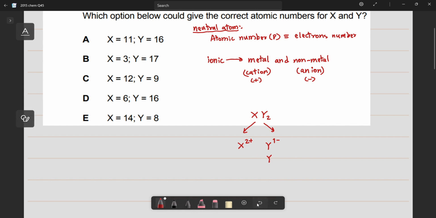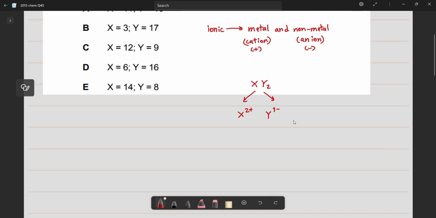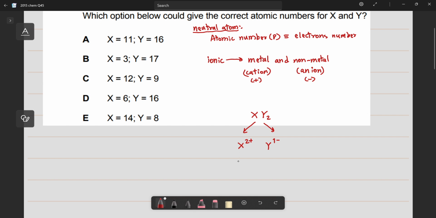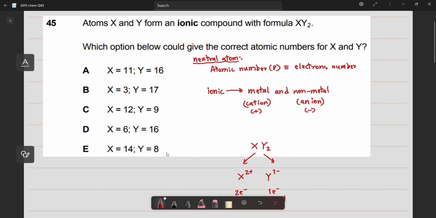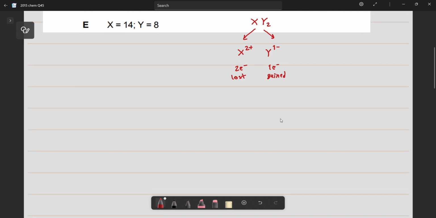Okay, so these are the ions we must know. This means X has lost 2 electrons and Y has gained 1 electron. So if we were to construct the very simplified electronic configuration, the innermost shell must have 2 electrons, then it might have 8, 8 and so on, but the outermost shell for X must have 2 electrons.